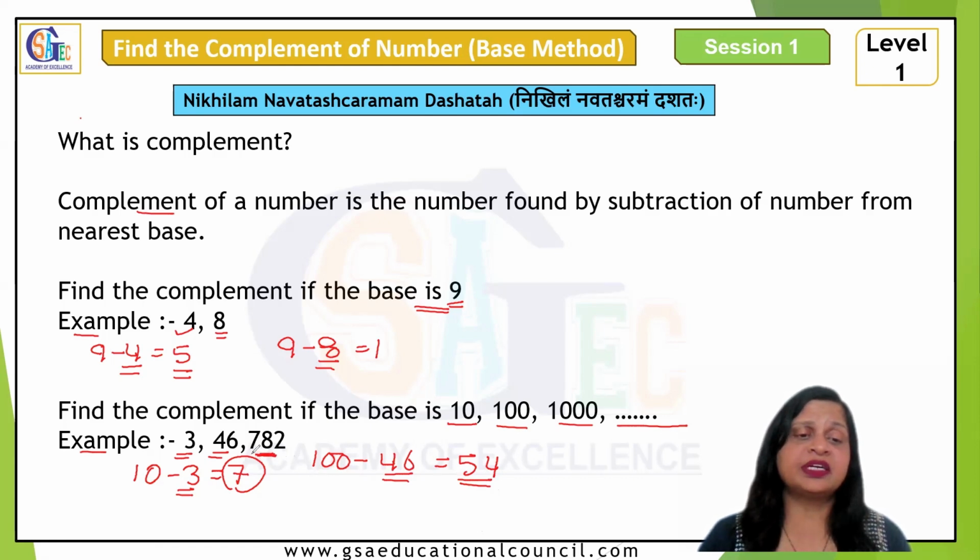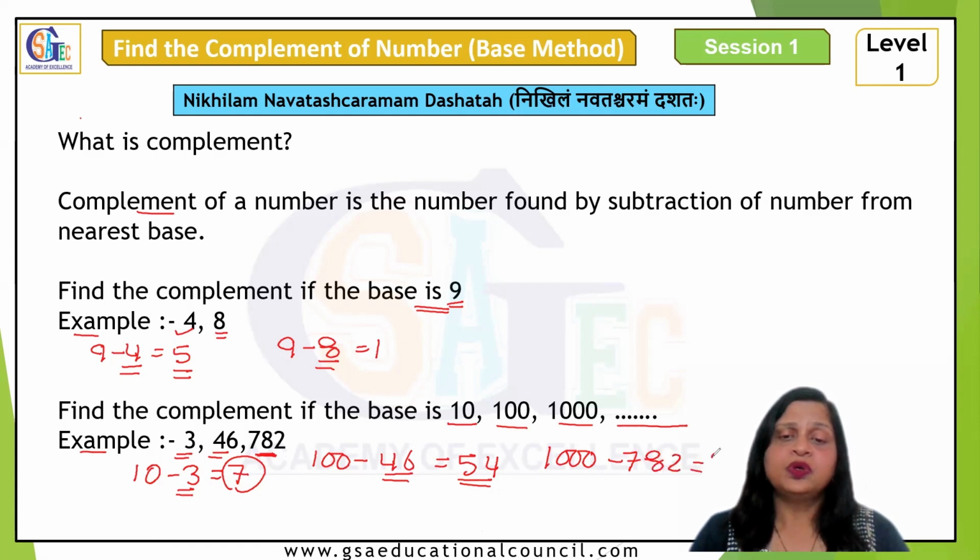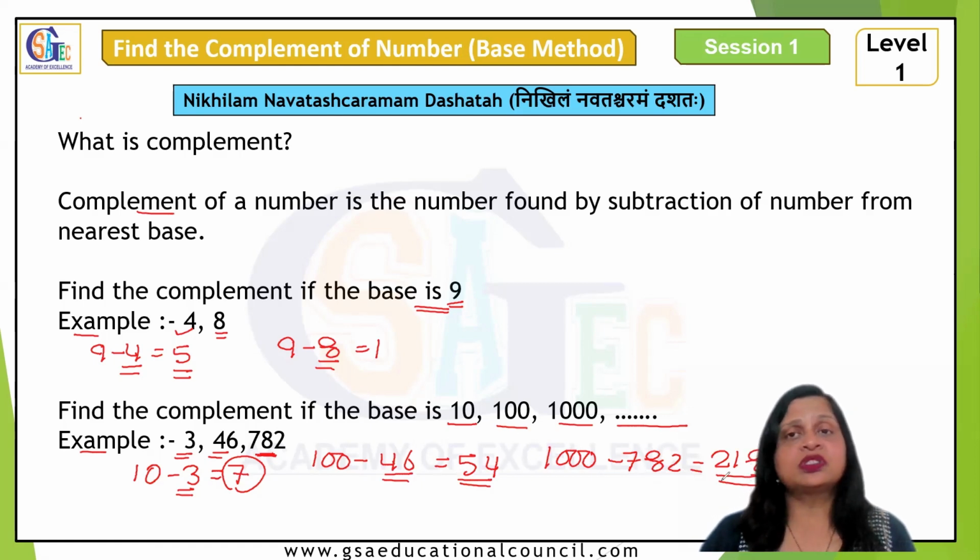The base of 782 is 1000. So 1000 minus 782 is equal to 218. 218 is the complement of 782. Now let's do some more examples.